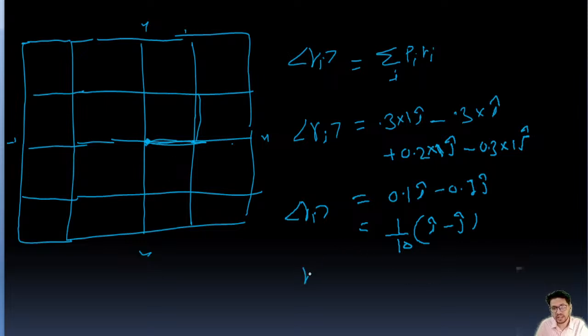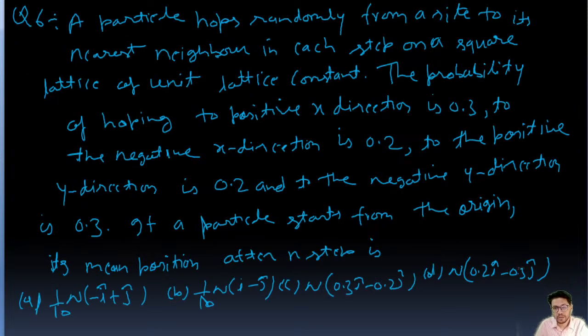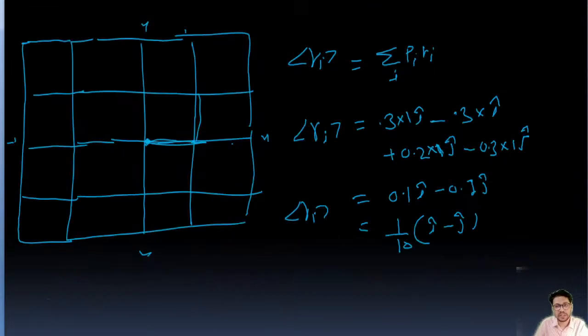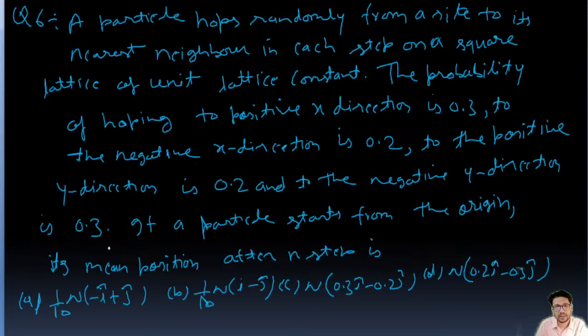For n steps, the mean position after n steps is n into 1 upon 10 i cap minus j cap, so n upon 10 i cap minus j cap. Which option is matching? Option B is matching, so option B is the correct option.